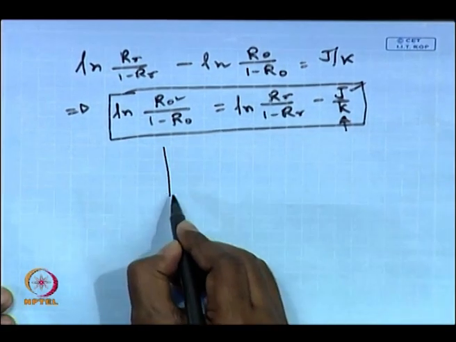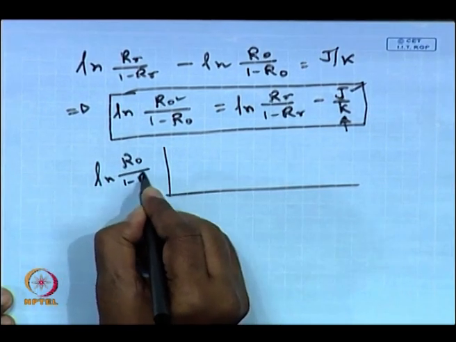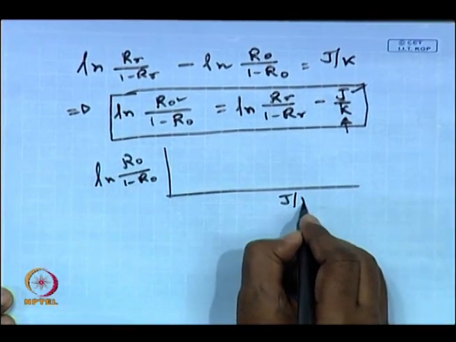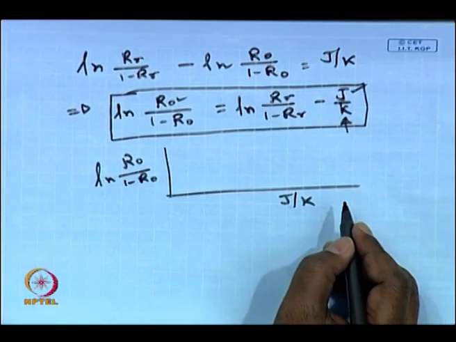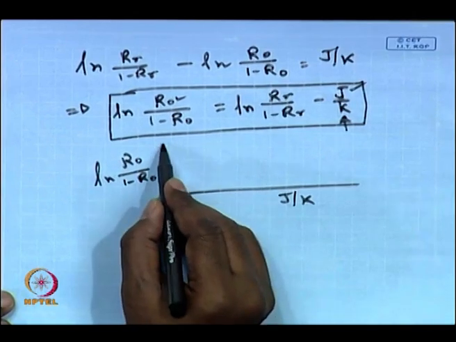If you plot ln R naught divided by 1 minus R naught versus J by K, you can expect a series of straight lines with a declining slope.